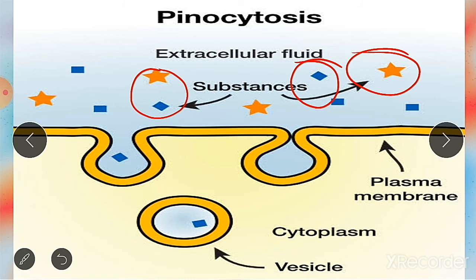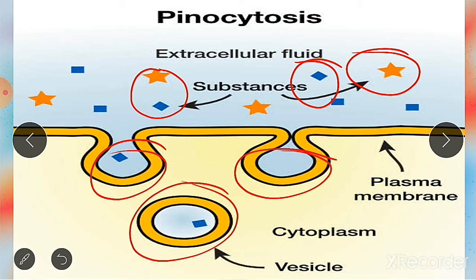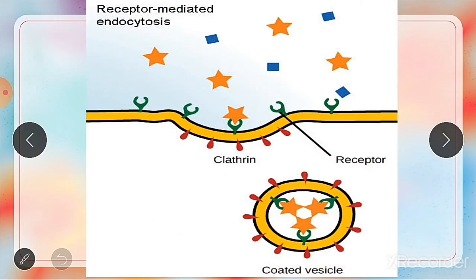These small vesicles are formed from the folds of the plasma membrane, and these vesicles contain the extracellular fluid and solutes. So during pinocytosis, the cell takes in substances from extracellular fluid. These include things like water and nutrients. So this is another type of endocytosis.